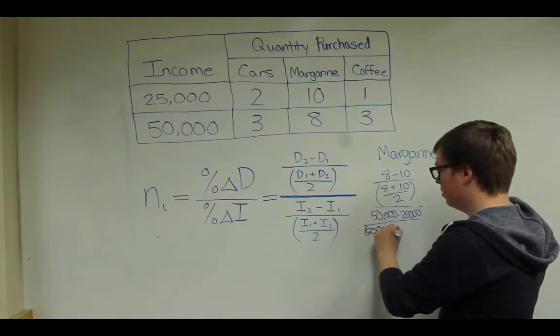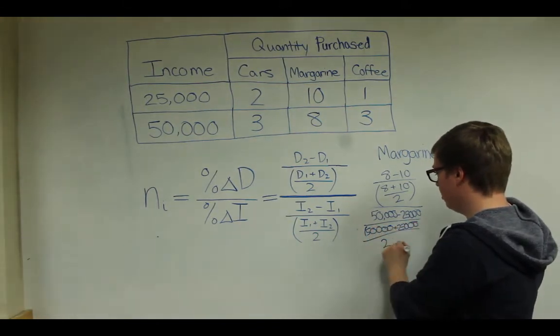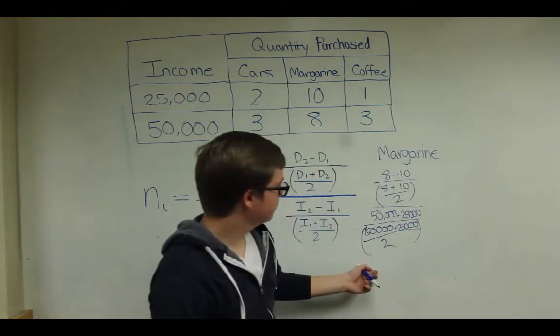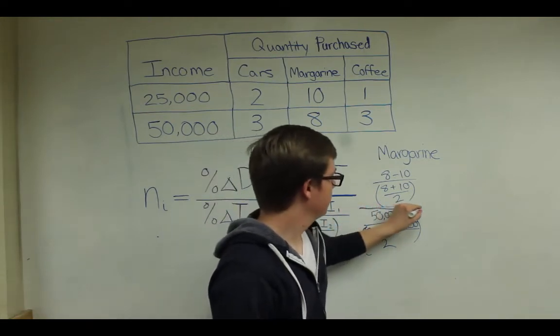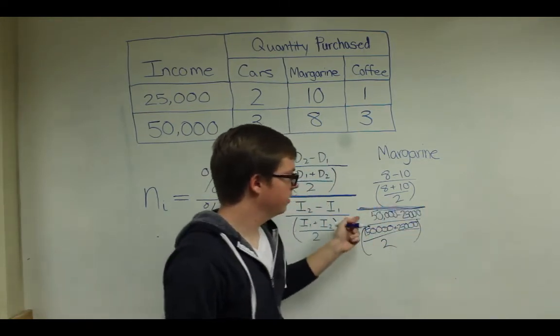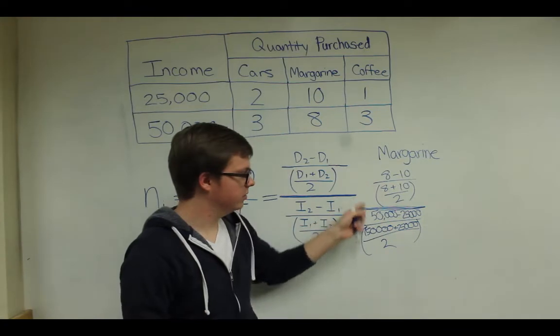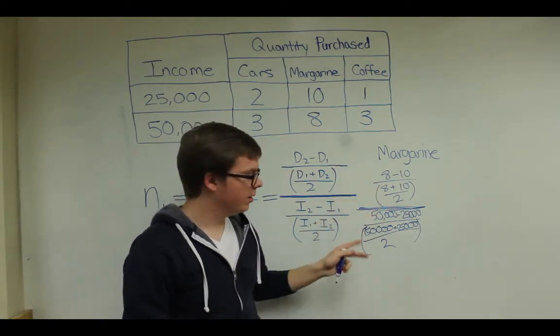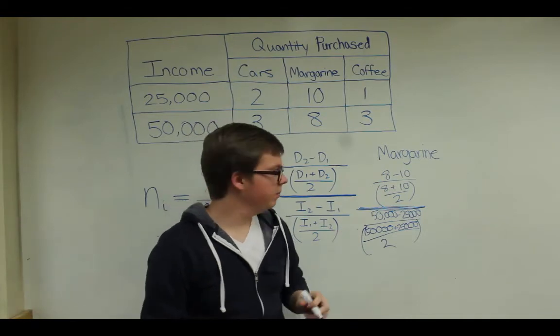So then we average the two using the midpoint method. And this is our formula with the numbers plugged in. I'll make this thick to make the distinction. This is percent change in demand on top over percent change in income.